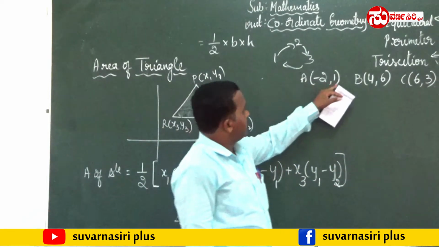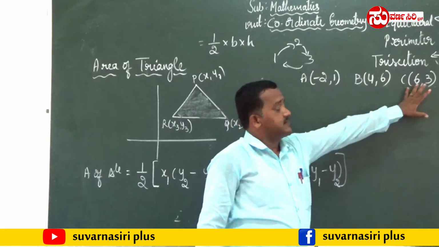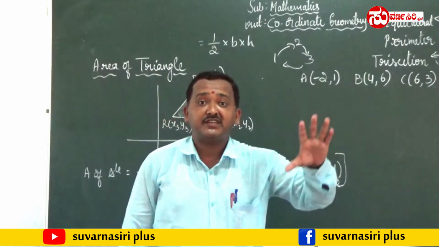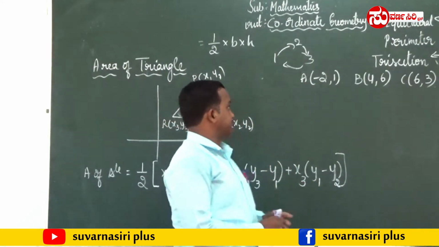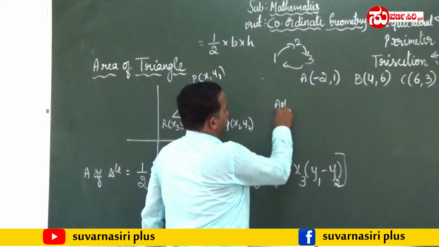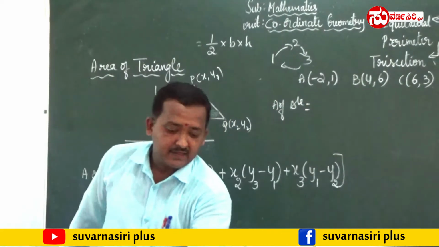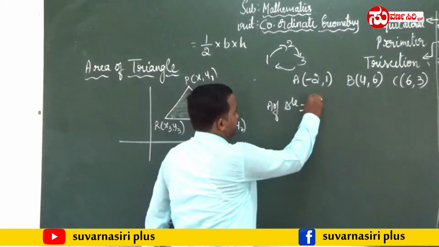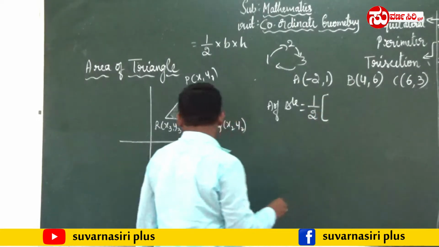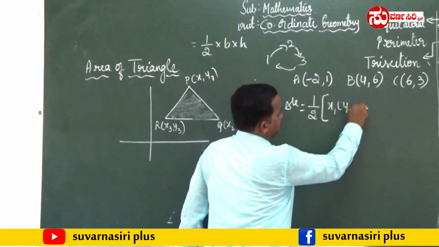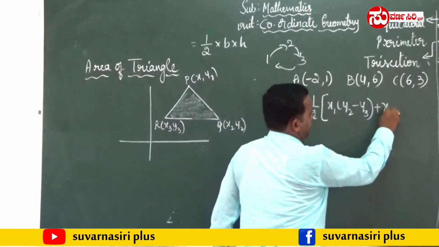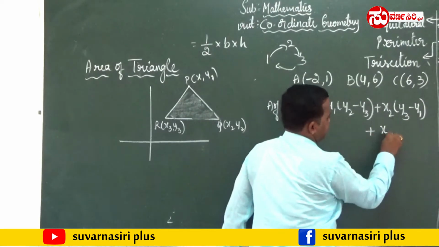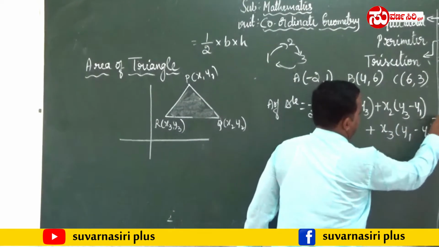Now we will find the area of the triangle joined between these 3 points A, B and C. So the formula: area of triangle is half into x1 into (y2 minus y3) plus x2 into, cyclic, (y3 minus y1) plus x3 into (y1 minus y2).